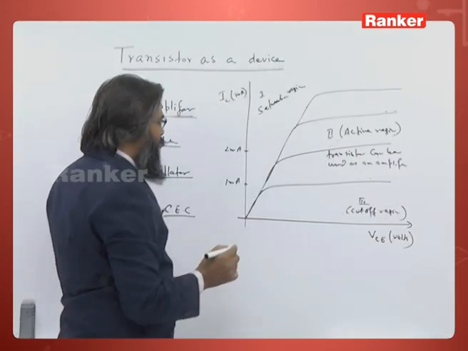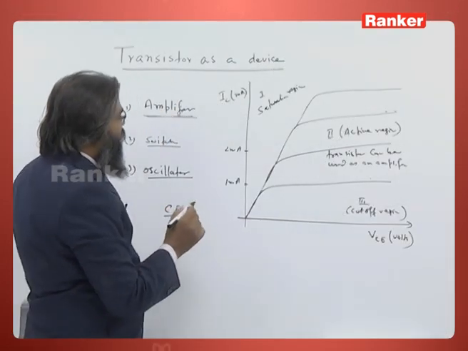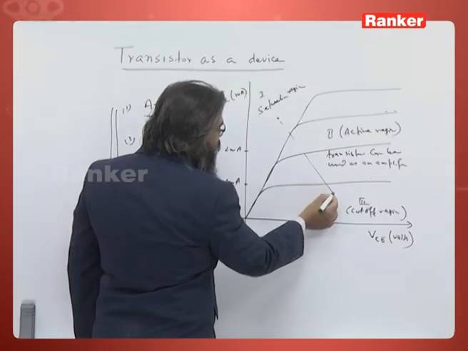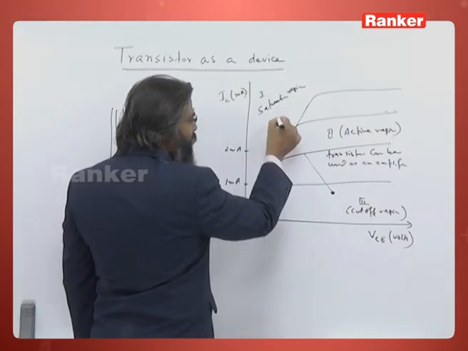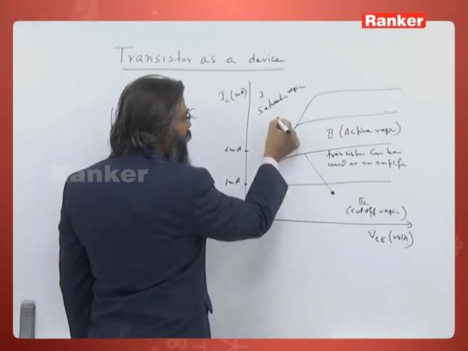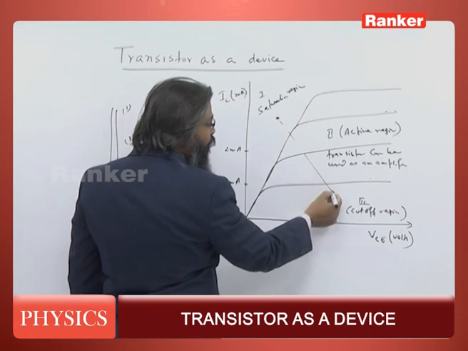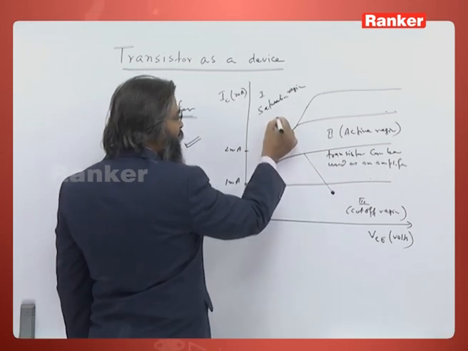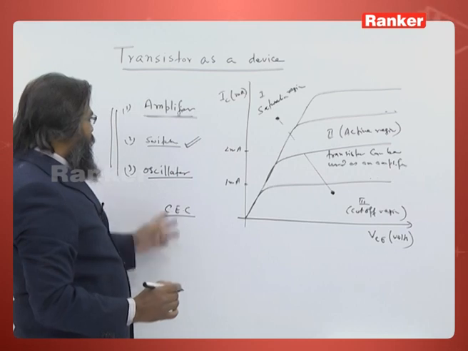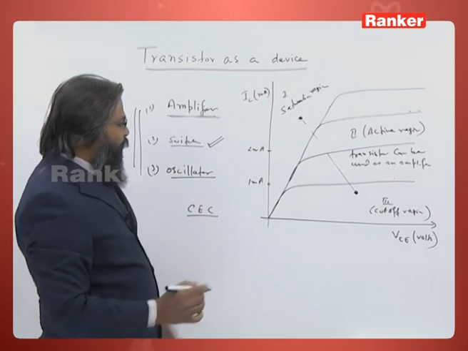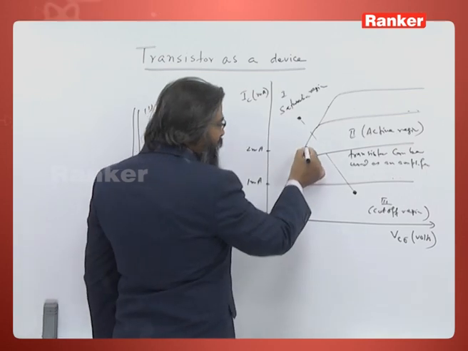If the transistor is operated at these two operating points, then it can act as a switch, in the off position and in the on position. Regarding oscillator, we select a point something like this.